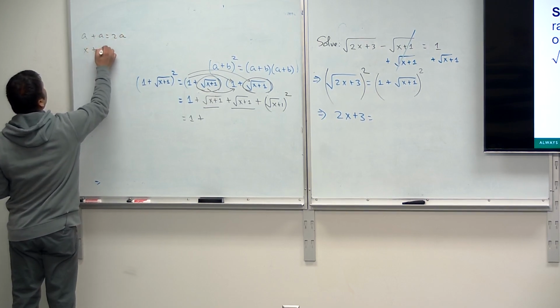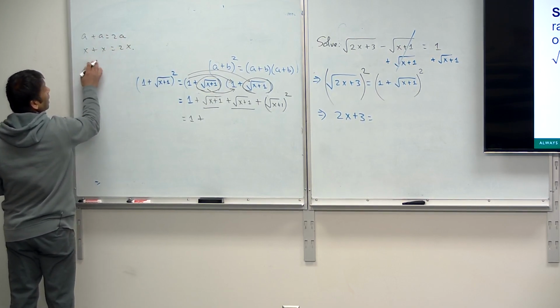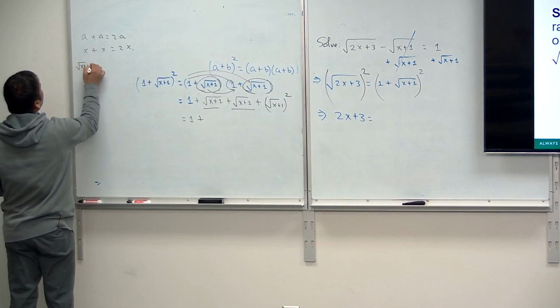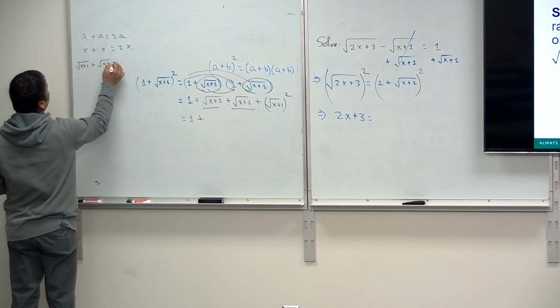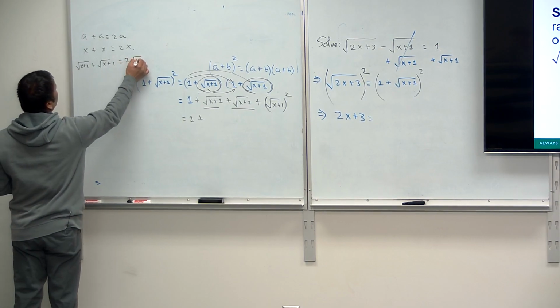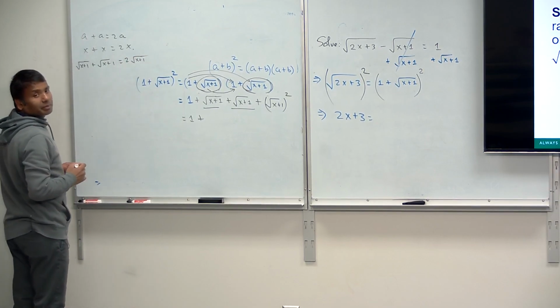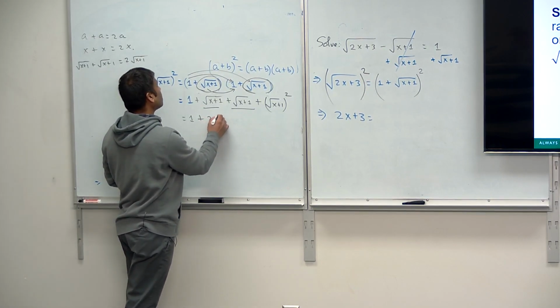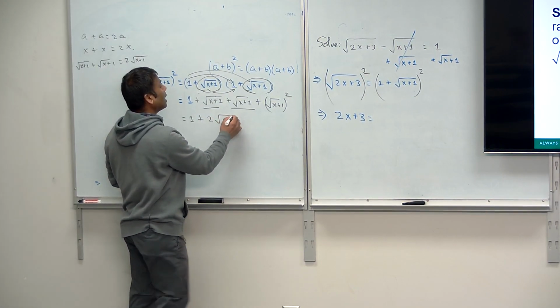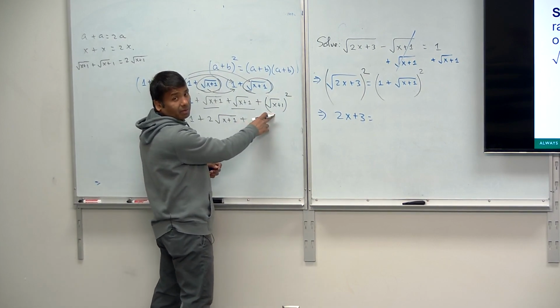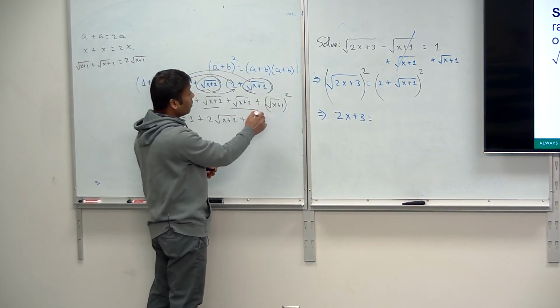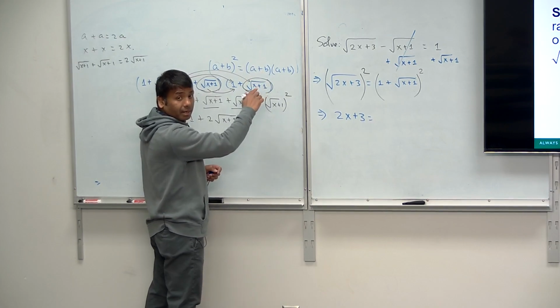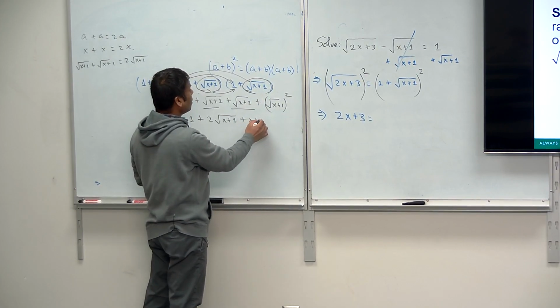X plus x is 2x. So if you have radical x plus 1 plus radical x plus 1, this is 2 times radical x plus 1. That makes sense? And plus, because you have a radical square, the radical sign will be gone, so this is x plus 1.